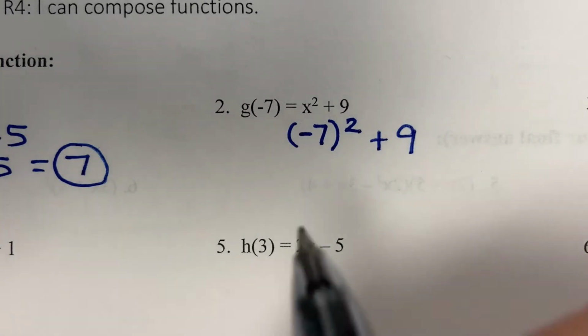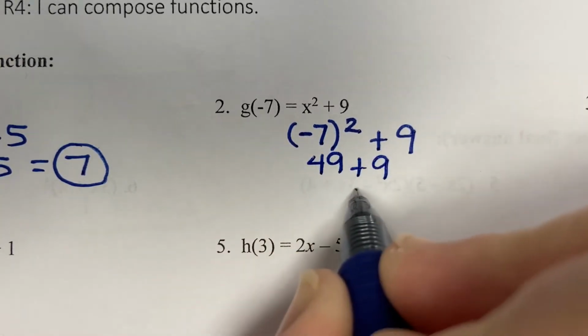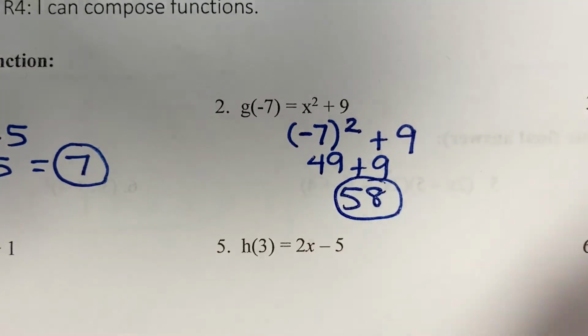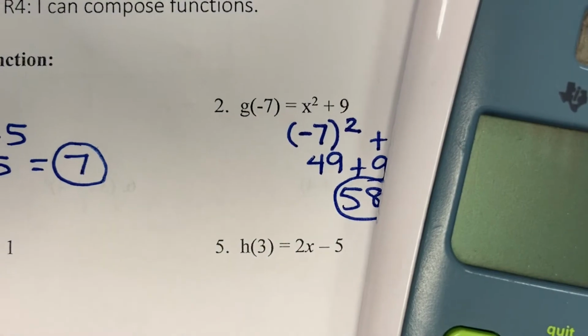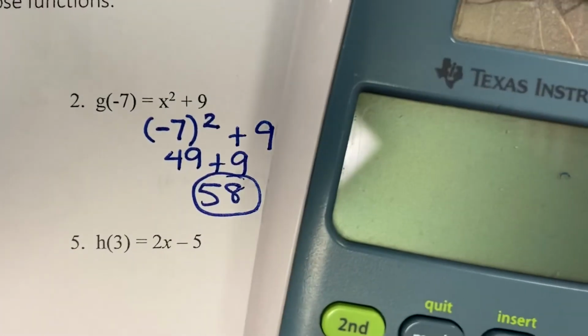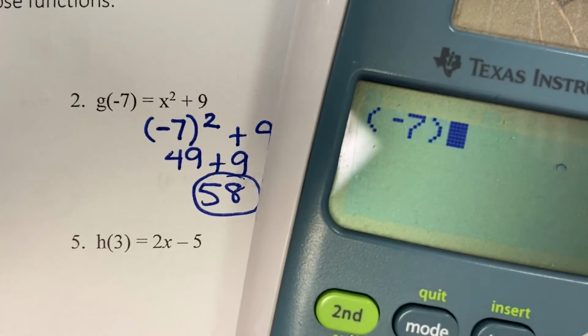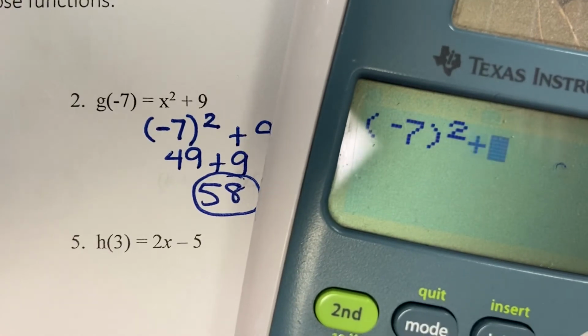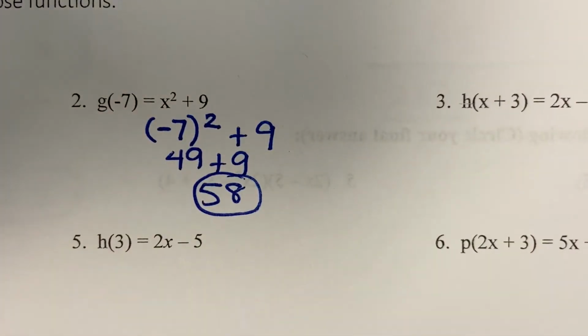But really, it's positive 49 plus 9, which is 58. Now, depending on your calculator, you could just put this all in at one time. For example, in my calculator, I could put negative 7 squared plus 9, enter, and it told me 58. So you don't necessarily have to piece it out like I am. It just depends on the type of calculator you have.